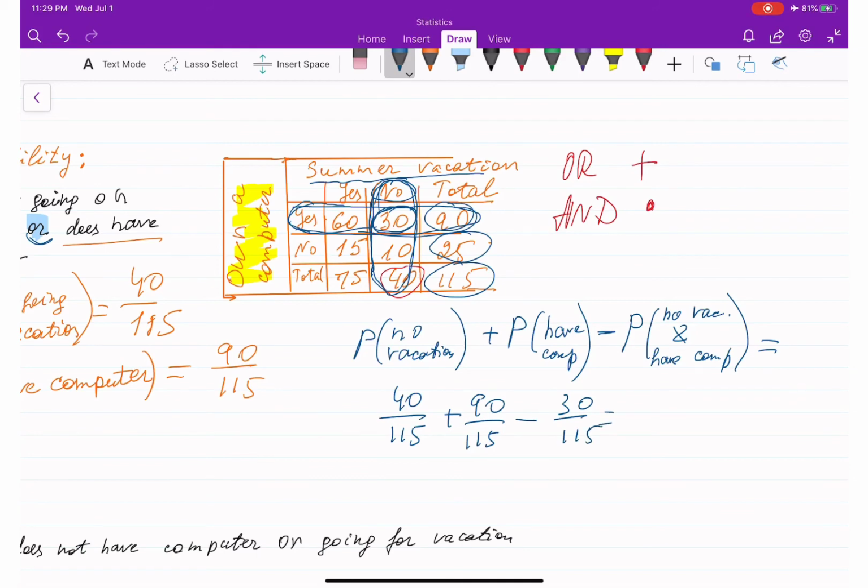So 40 plus 90 will be 130, minus 30 will be 100. 100 over 115. And that is going to be 100 divided by 115, approximately equal to 0.87, which is 87%, right?